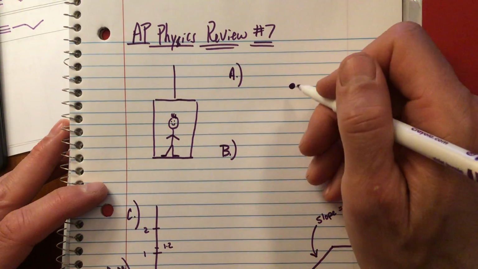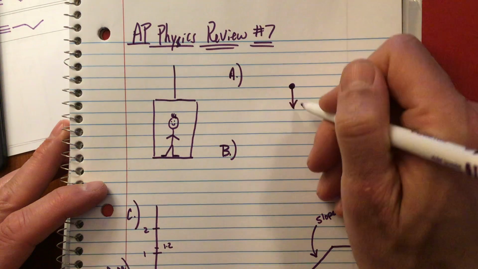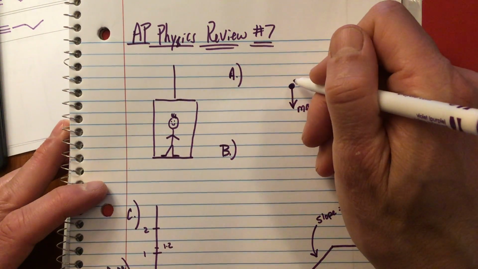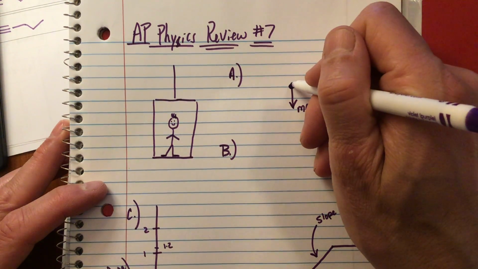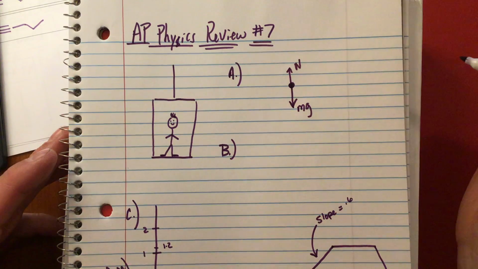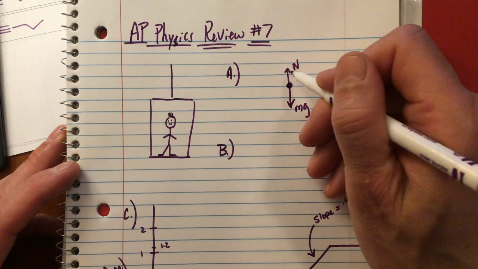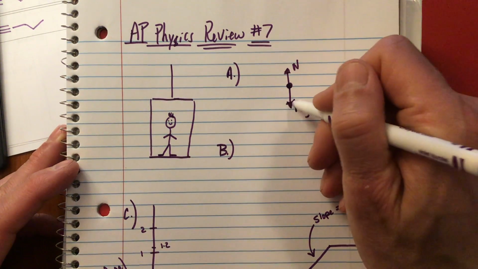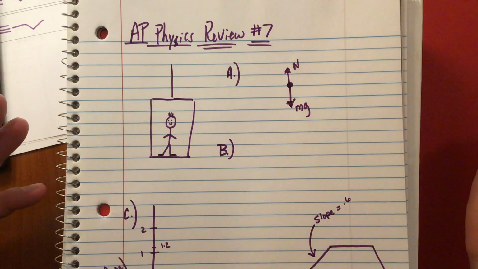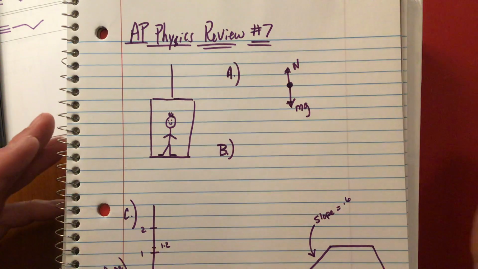So that means that the forces on the student would be the weight of the student, or mg, and then the normal force, or the support force from the floor of the elevator, which I'm going to call the normal. And I'm going to have these equal in magnitude, or as close as I can get them to equal, showing that he's either at rest or moving at a constant speed.